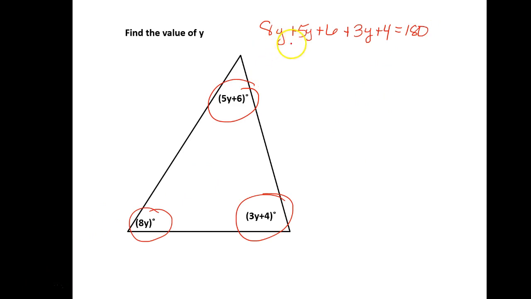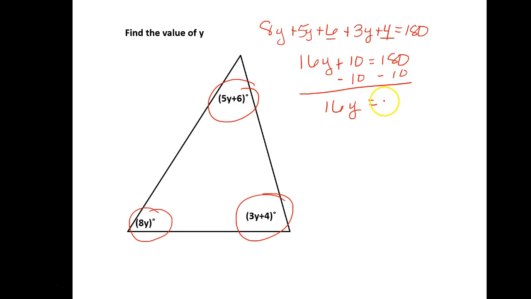First, we combine like terms. 8y and 5y and 3y, you add those, you will get 16y. 6 plus 4 is 10, equals 180. I subtract 10 from both sides, and I get 16y equals 170.